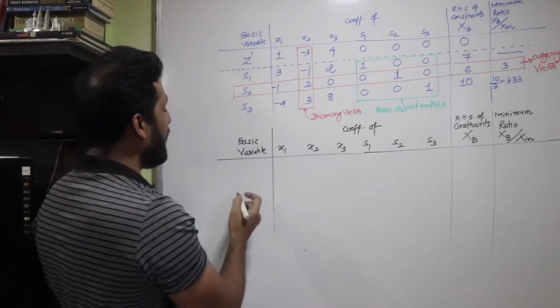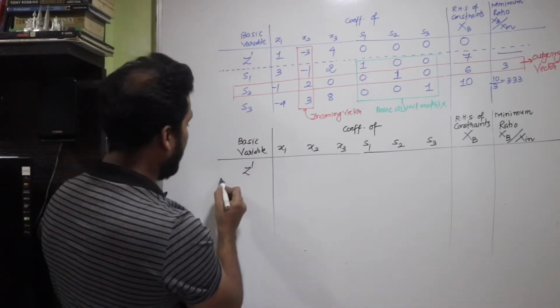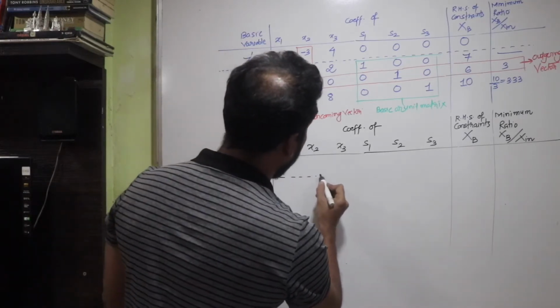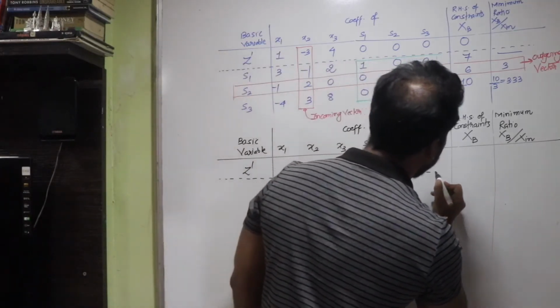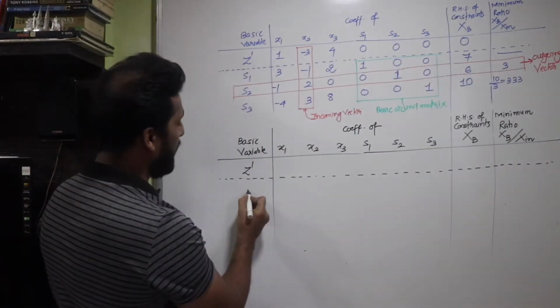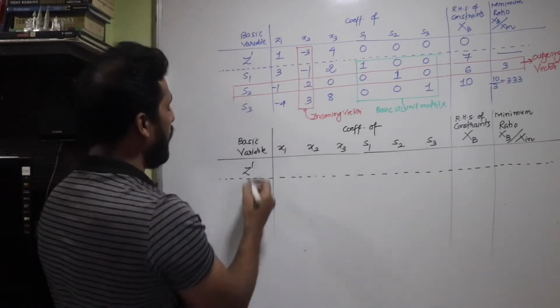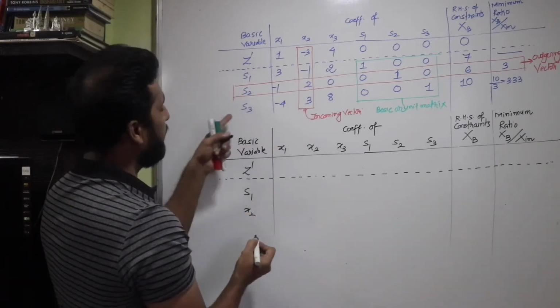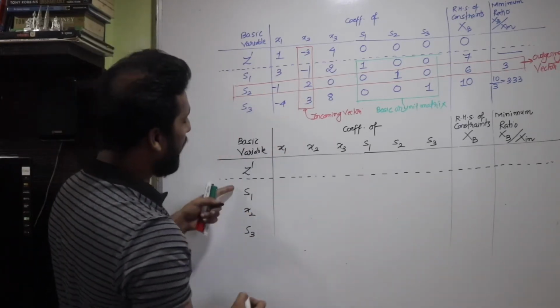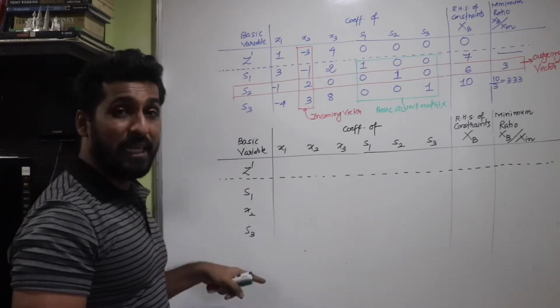Because S2 is going to leave and X2 is going to come in, my new basic variables are: the first thing I'll be writing is Z dash at the beginning, and obviously some changes are going to happen here. Then the next basic variable is S1. Then S2 has left, X2 has come in, and then there is S3. So S1, X2 and S3 is the order of the basic variables.